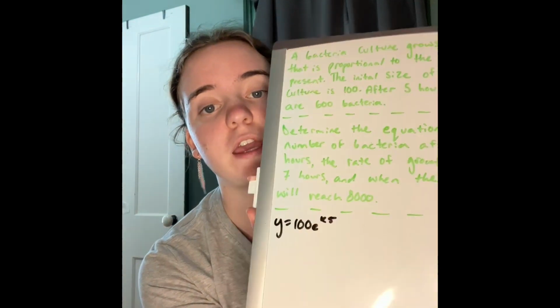So I'm going to start by finding the equation. So I do y equals 100 e to the k5. Use a little k value. And then we plug the 600 in for y. So it's 600 equals 100 e to the k5. We can divide that 100 out.